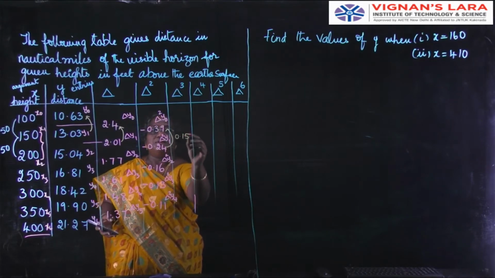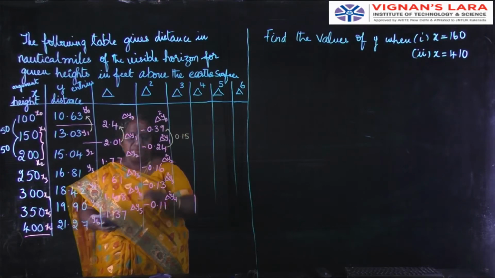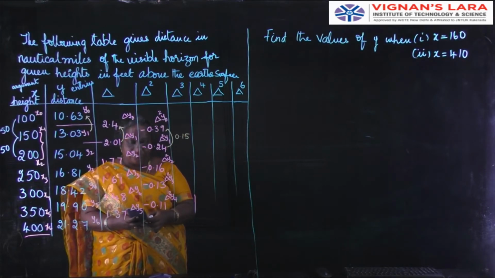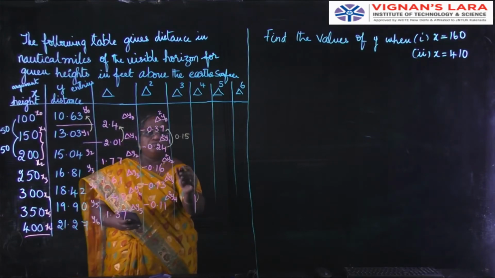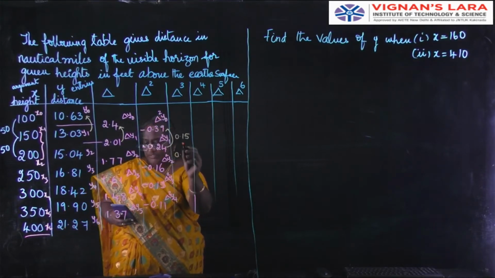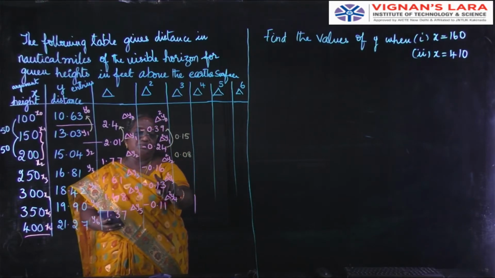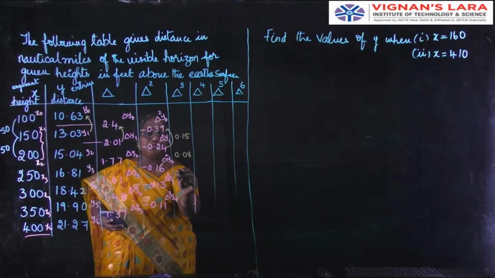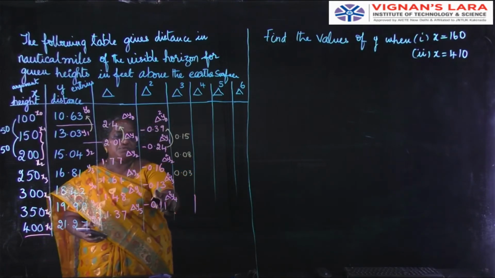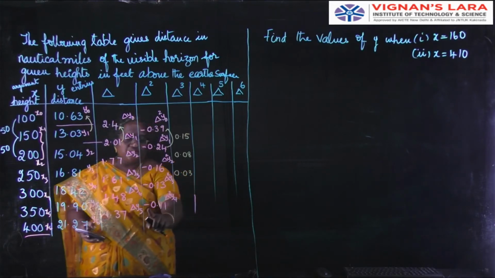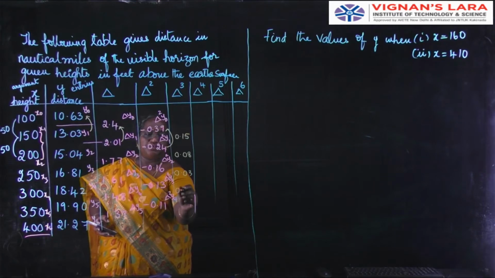0.15. Next, minus 0.16, minus into minus, this becomes plus, means 0.24 minus 0.16. So this is equal to 0.08. Next, 0.13 minus into minus plus, so this becomes 0.03, because 16 minus 13 is 3. Next, minus 0.11 minus into minus plus, so this becomes 0.02.